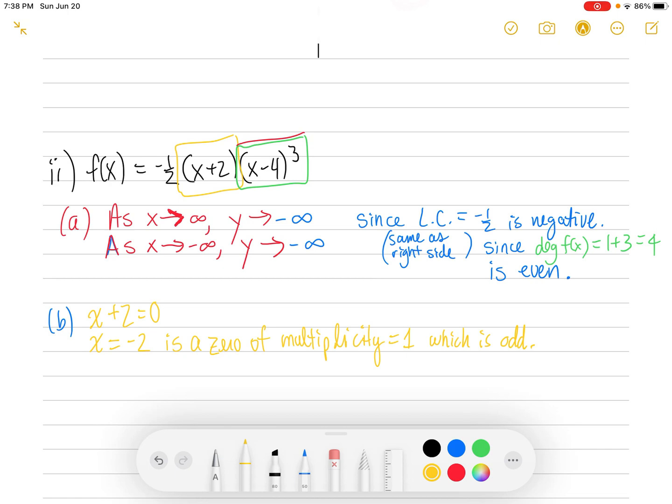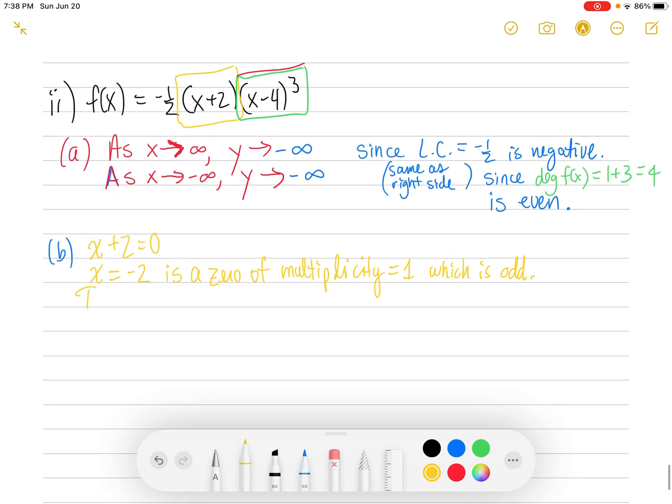Right, 1 is an odd multiplicity. So since negative 2 has an odd multiplicity, that means thus the graph is going to cross at x equals minus 2.